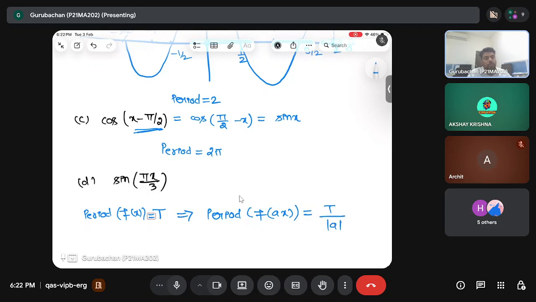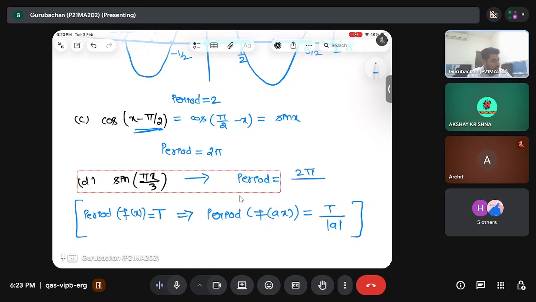The reason is we are only talking about positive periods. Period is always positive. So what will be the period of this function? 2 pi divided by pi by 3, that is, 2 pi into 3 by pi. So what will be the answer? 6.